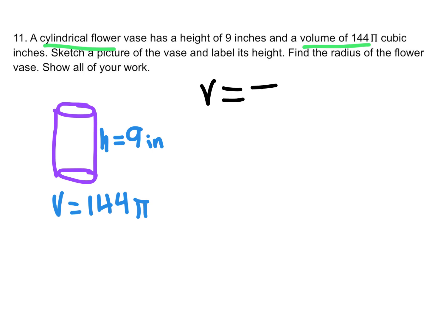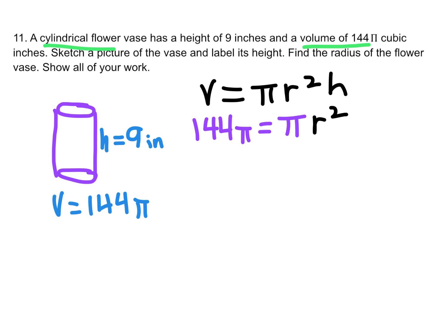Okay, so let's write our formula down. We know for a cylinder is pi r squared h. And now let's substitute in the values that we know. So we know 144 pi is our volume. And then I'm going to write the rest of my formula here. So pi. I don't know what the radius is, so I'm going to go r squared.